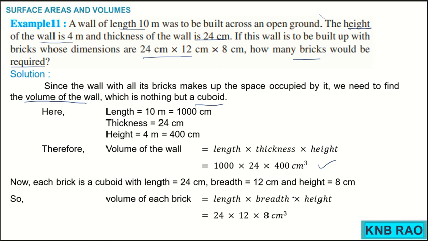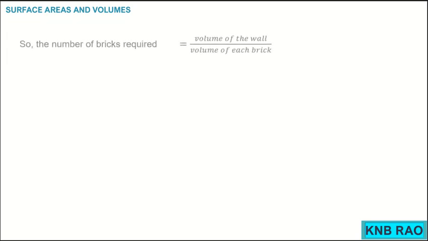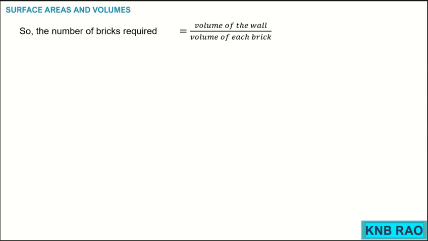Now, to find the number of bricks required, I have to divide the volume of the wall by the volume of each brick, where volume of the wall is 1000 into 24 into 400 centimeter cube, divided by volume of each brick, 24 into 12 into 8 centimeter cube.